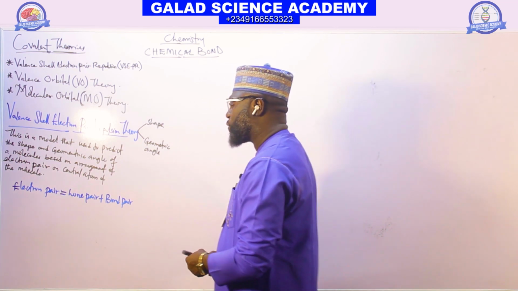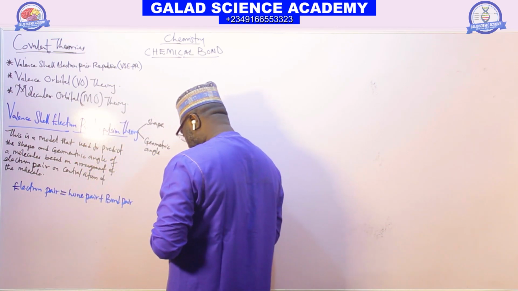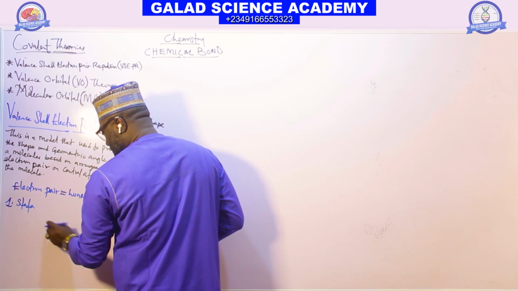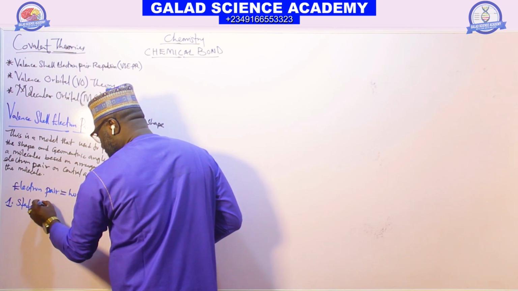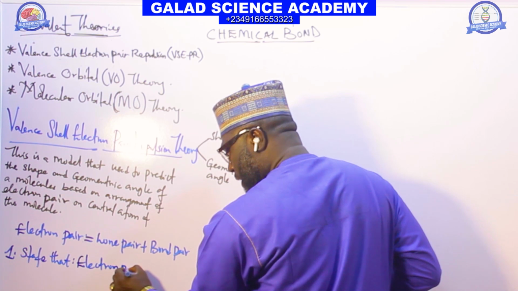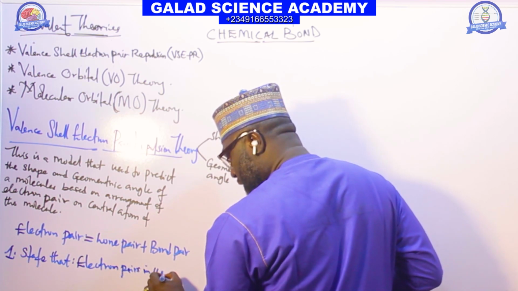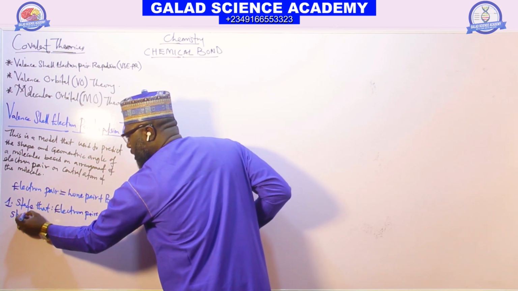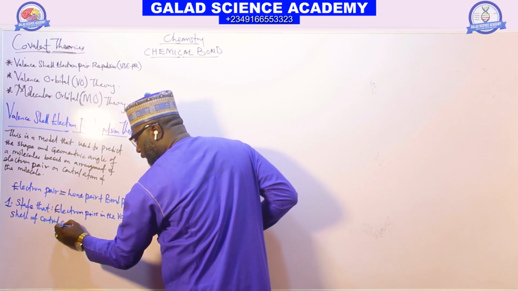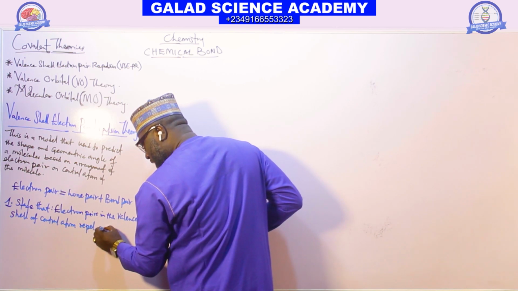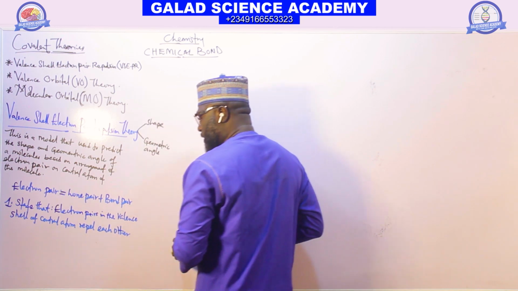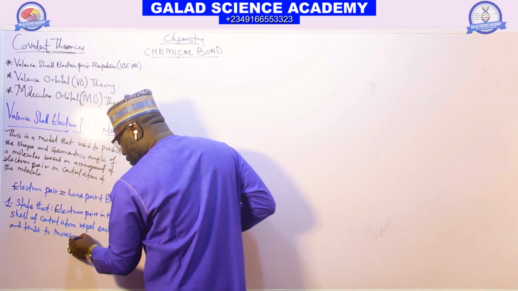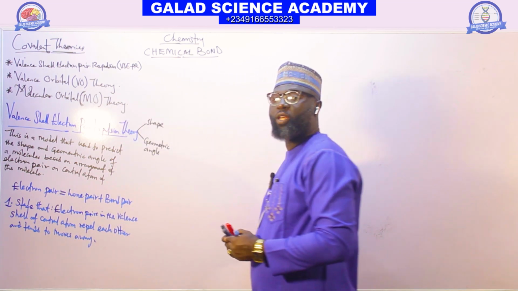The first postulate of VSEPR states that electron pairs in the valence shell of the central atom repel each other and tend to move away from each other.